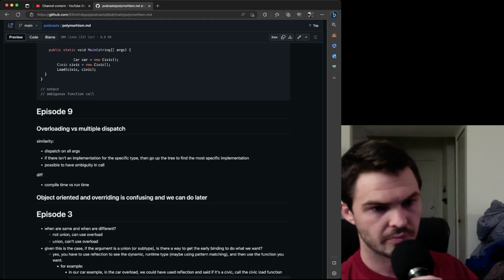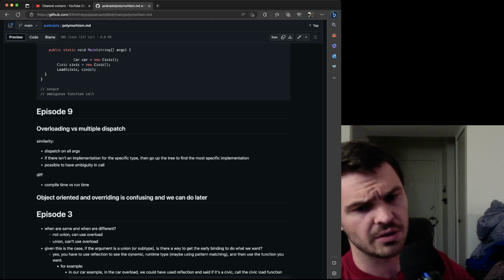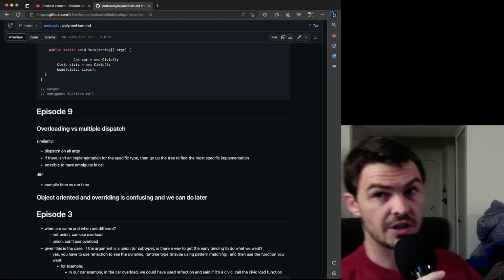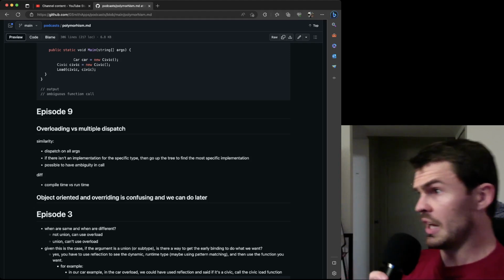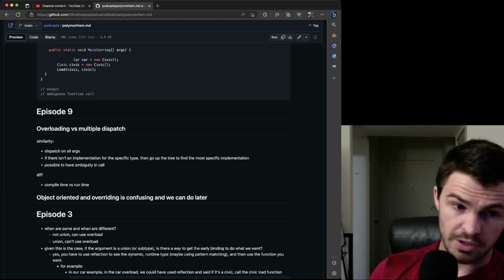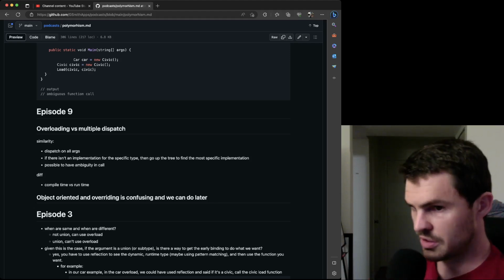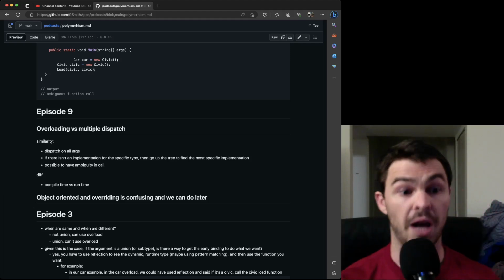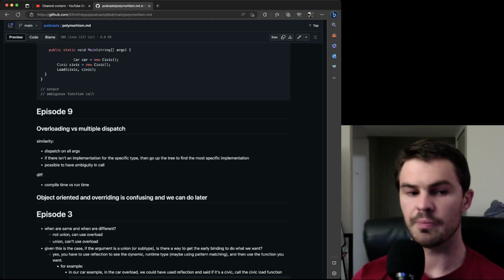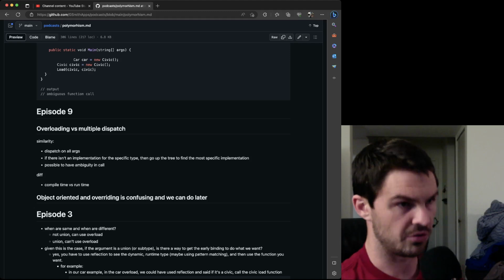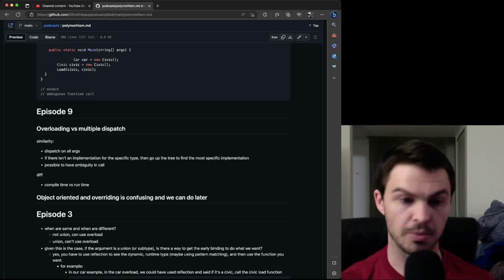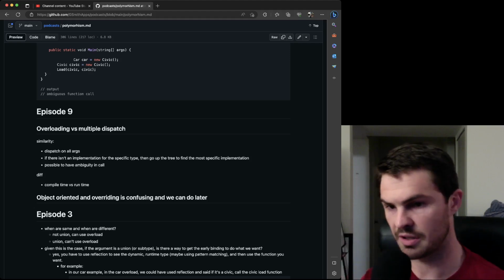Okay. And so given that those two things are the same, what's the difference between them? The only difference is that overloading determines which implementation to choose based on the compile time type, the static type, whereas multiple dispatch chooses which function to use based on the runtime type, or some people call it the actual type or the dynamic type.